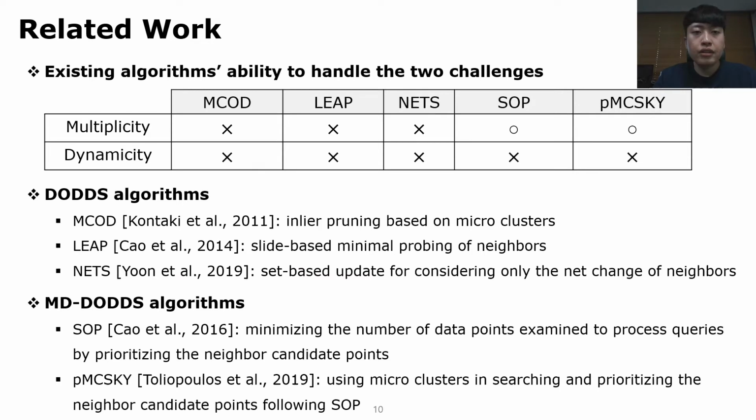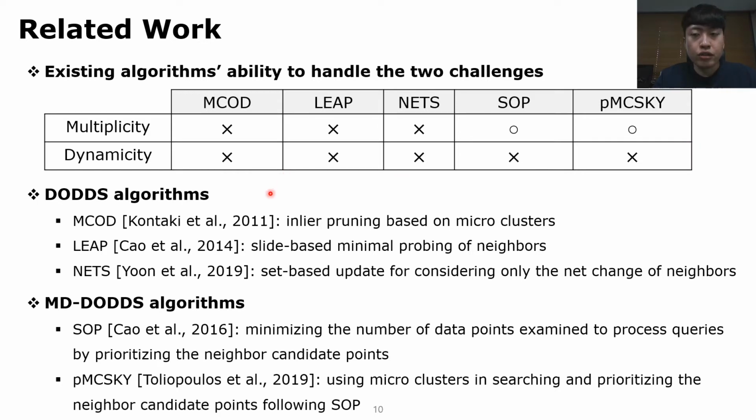There is some related work to solve this problem, but existing algorithms' ability to handle the multiplicity and dynamicity challenges is limited, and none of them can fully handle those two challenges. Some of them may not solve either challenge, and some of them may only tackle the multiplicity challenge.